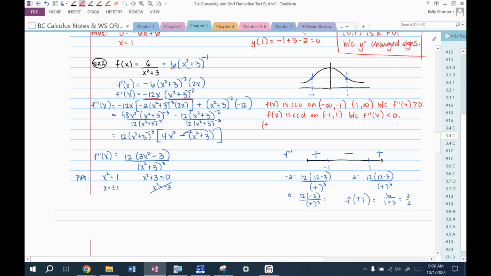And plus or minus 1, 3 over 2, is a point of inflection because f double prime changed signs. You don't have to get into plus to minus, minus to plus. Just change signs.